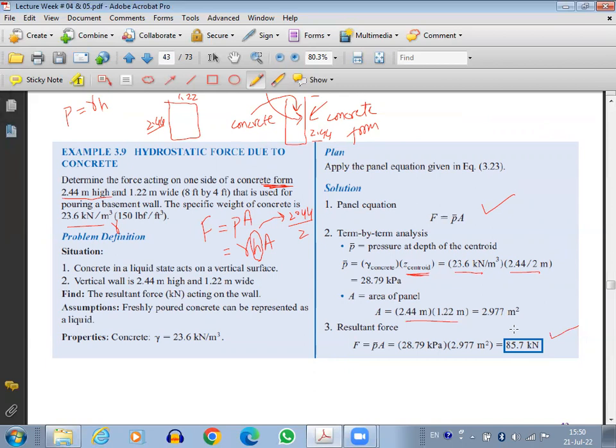So problem is solved. Do you understand how we calculated the hydrostatic force of concrete on the wall? Anything which is not clear within the solution of this problem, please ask. Is it clear? So let's move ahead.